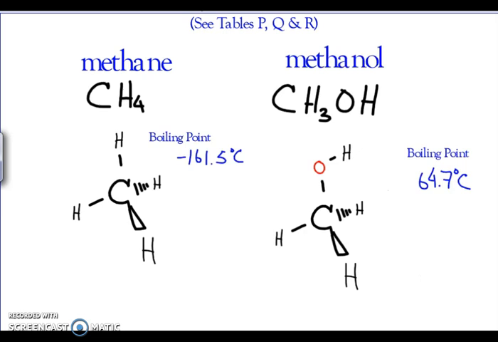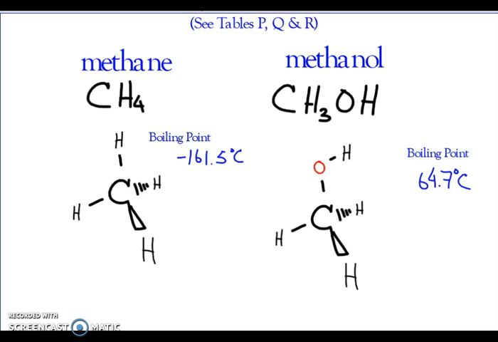Because of that superpolarity in methanol, the boiling point difference between methane and methanol is substantial. Methane's boiling point is negative 161.5 degrees Celsius, whereas methanol's boiling point is 64.7 degrees Celsius. That is all attributed to that strong intermolecular force of methanol versus methane.